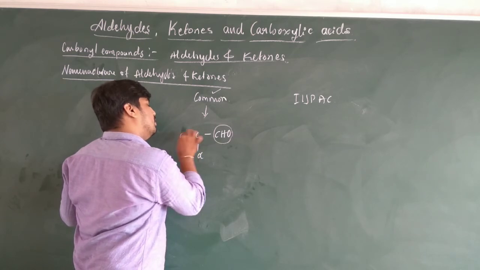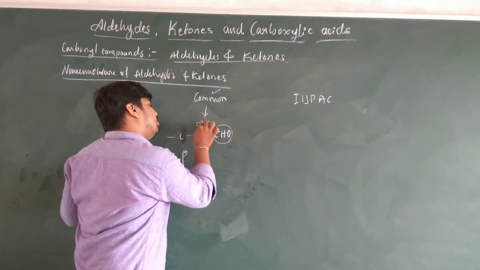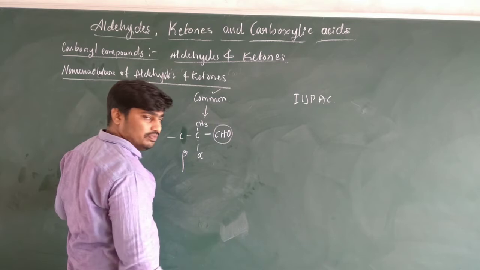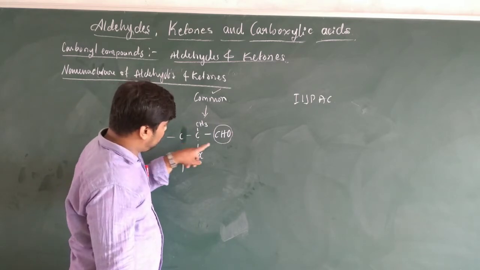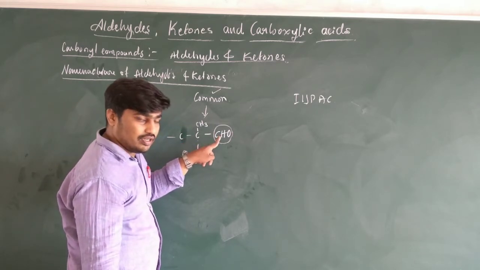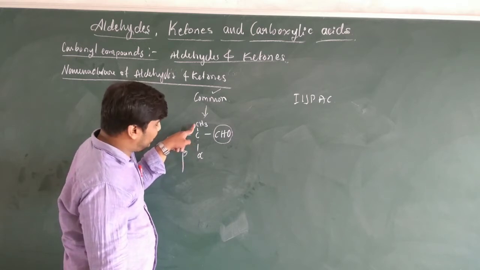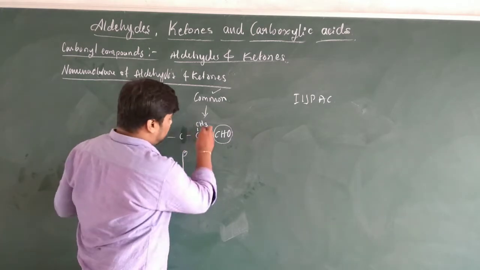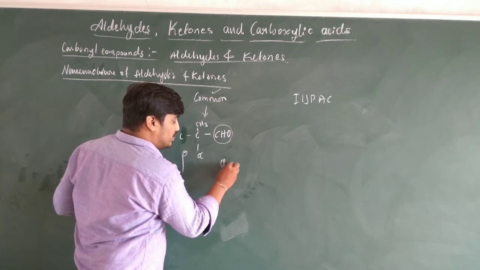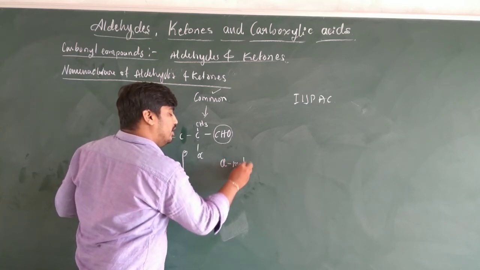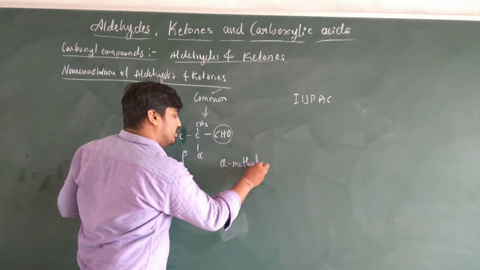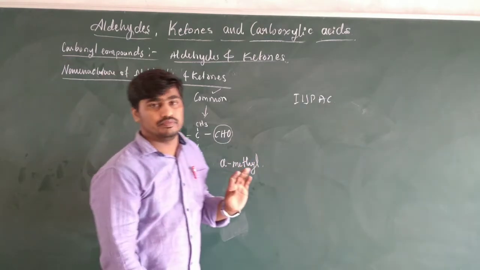If this carbon contains any methyl group or any R group, clearly observe the substituted carbon. If it contains a methyl group, then this methyl group is prefixed as alpha methyl.